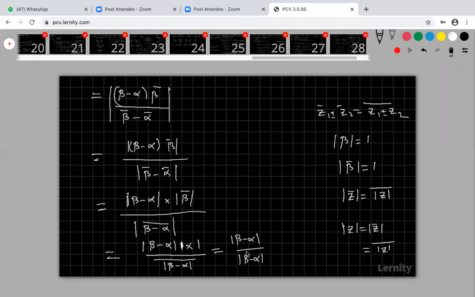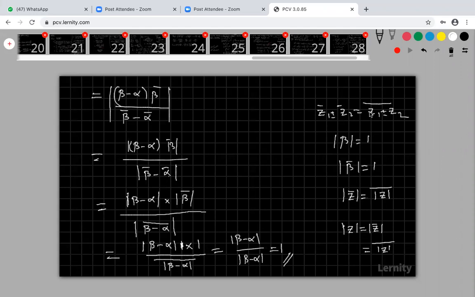So you can cancel this and I will get 1. I am applying all the properties and results we have discussed till now in complex numbers. Yes, 1 is the correct answer.